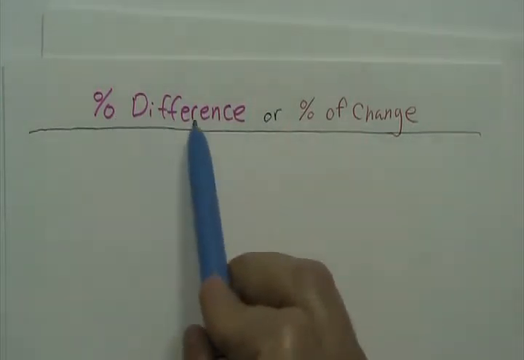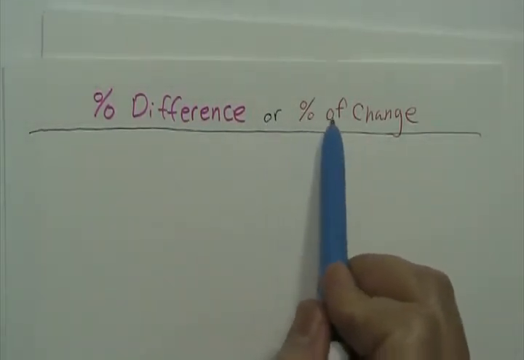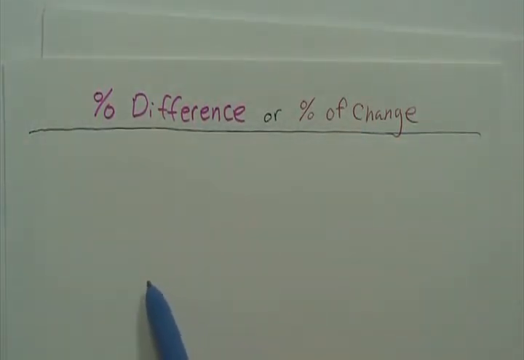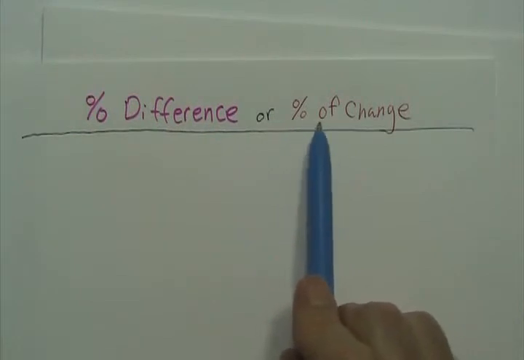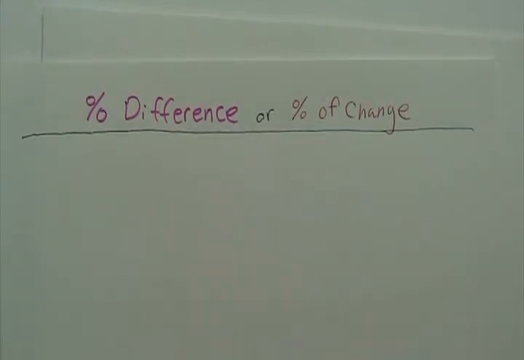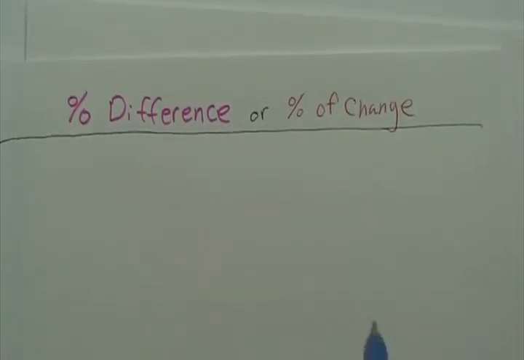Okay, our title is percent difference, or, now this is another name for it, percent of change. Sometimes they'll call it percent difference. Sometimes it's called percent of change. So I just want you to see both names up there.